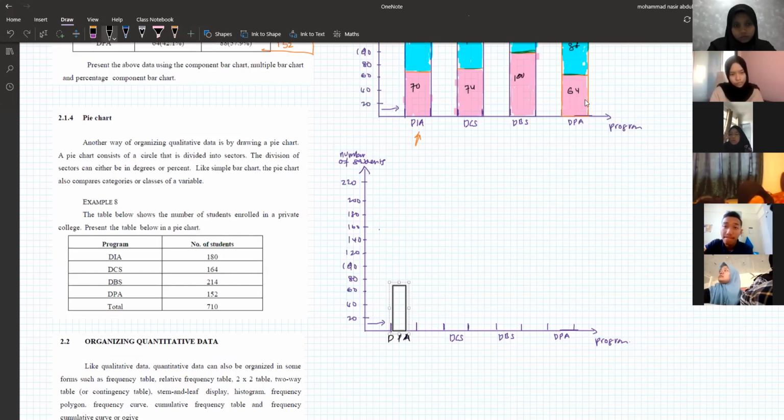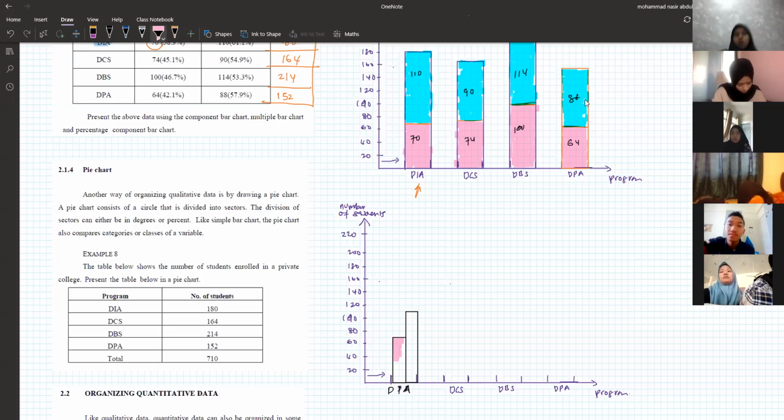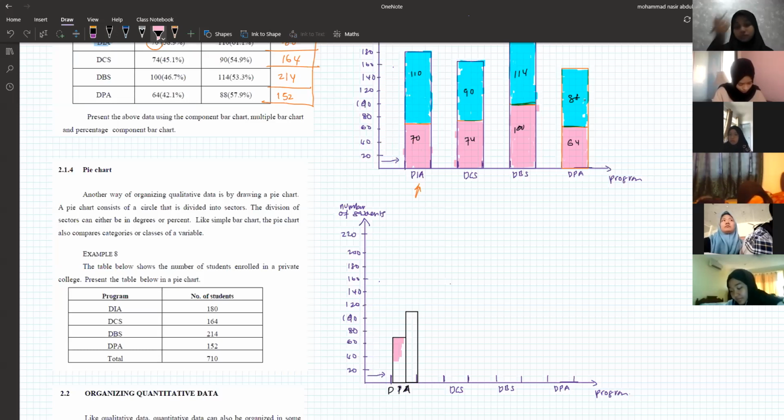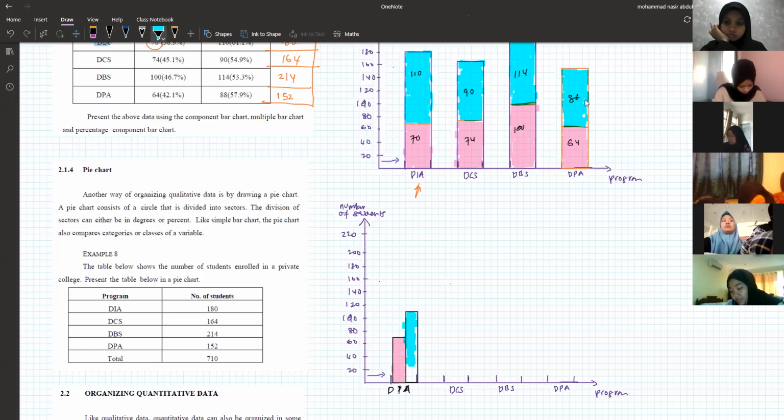So I take 110. Right? So as usual, we color pink for male and blue for female. So we are done for the first category, diploma in accountancy.